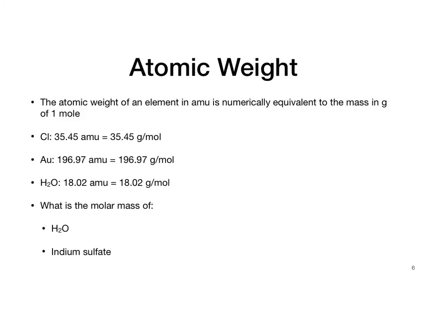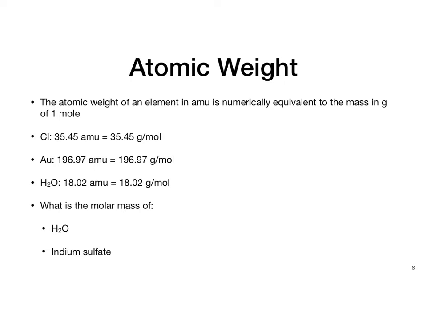So the atomic weight of an element in atomic mass units is numerically equivalent to the mass in grams of 1 mole. So if we look at these 3 things, we can see that chlorine is 35.45 atomic mass units. So that is 35.45 grams per mole. Same with gold. Now what about water?